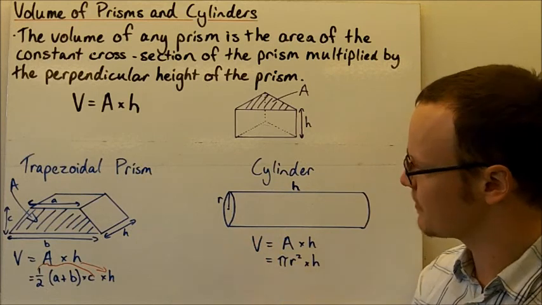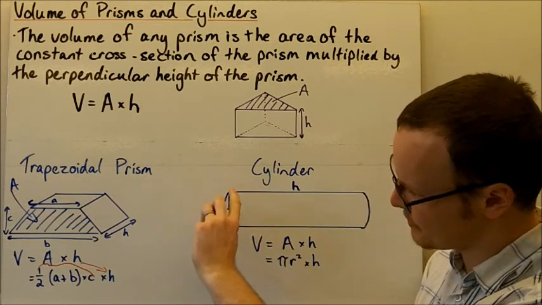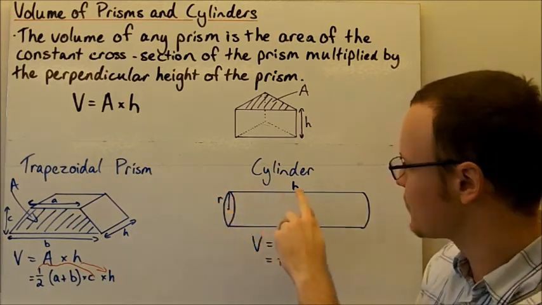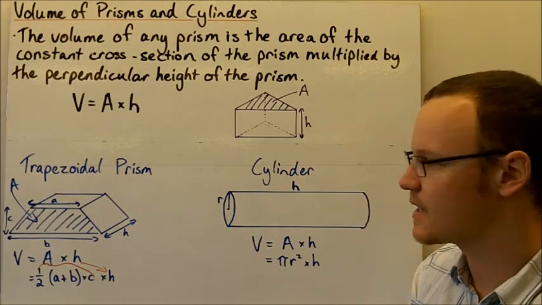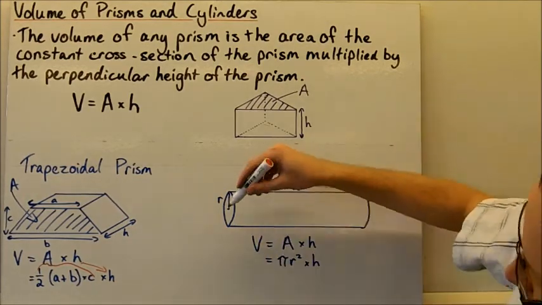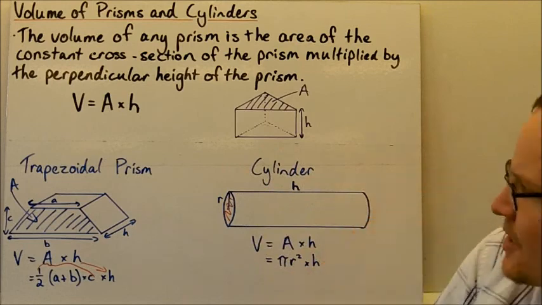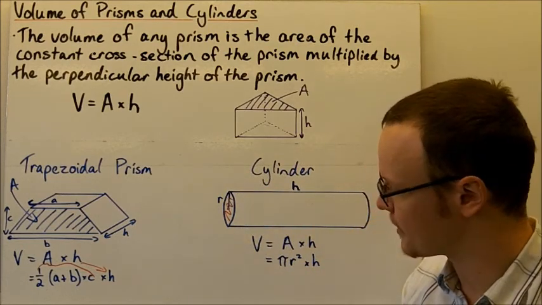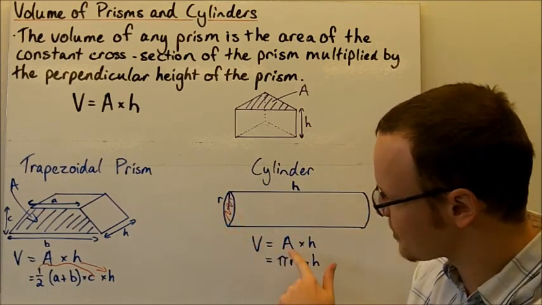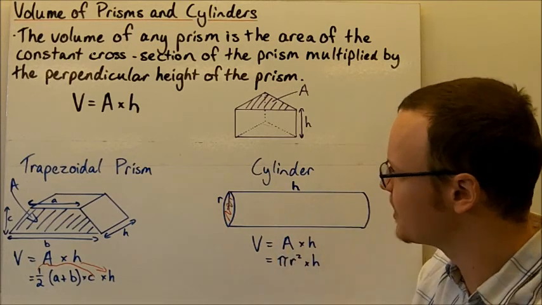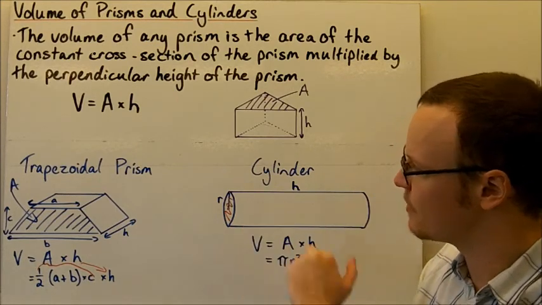Looking at the cylinder here, we've got the radius of the circle end of the cylinder, and we've got the height of the cylinder. So the cross-sectional area is going to be this face at the end, and we've got the radius of that end. So the volume of our cylinder is going to be the area times that perpendicular height of our cylinder.